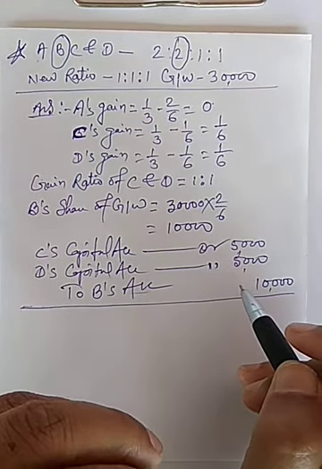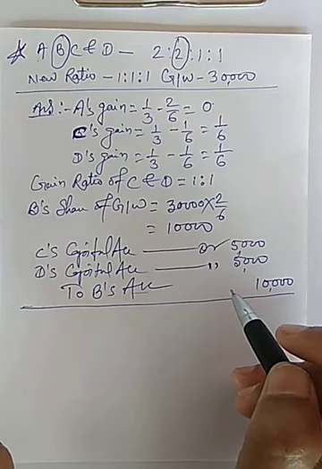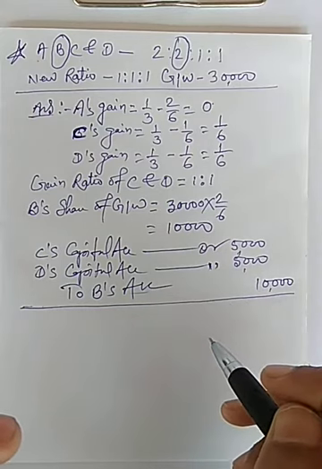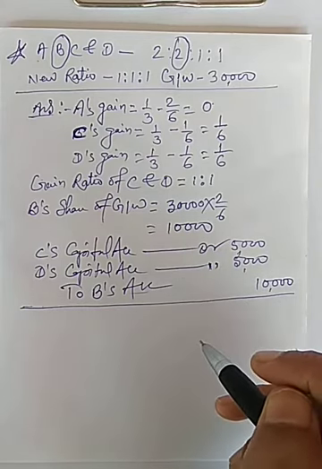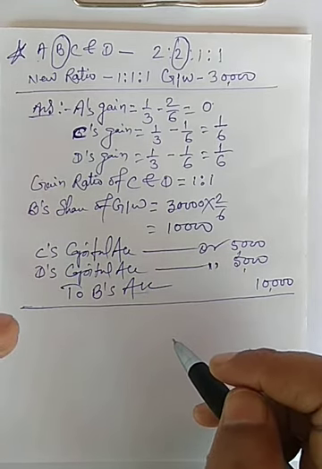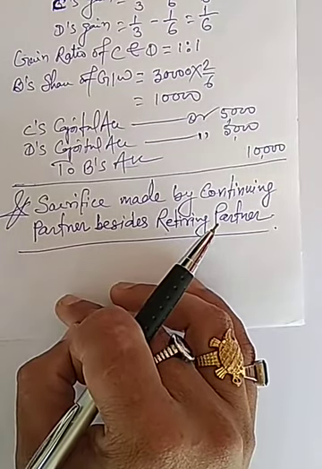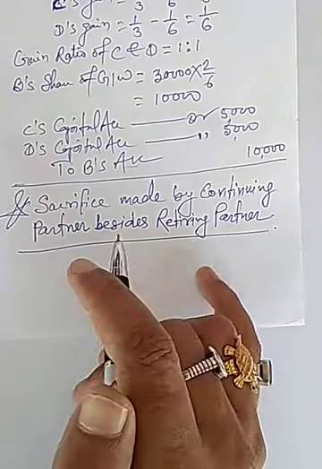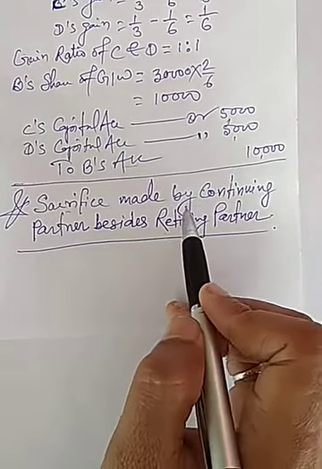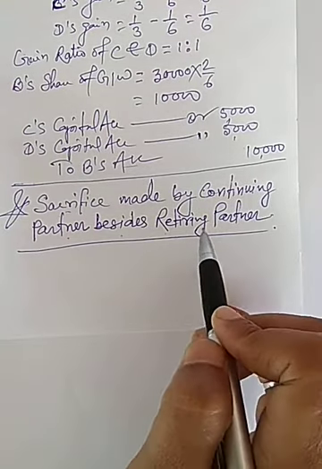So these are some questions based on calculation of gaining ratio and accounting treatment of goodwill in case of retirement of a partner. Now see some specific journal entry, that is, sacrifice made by a continuing partner besides the retiring partner.